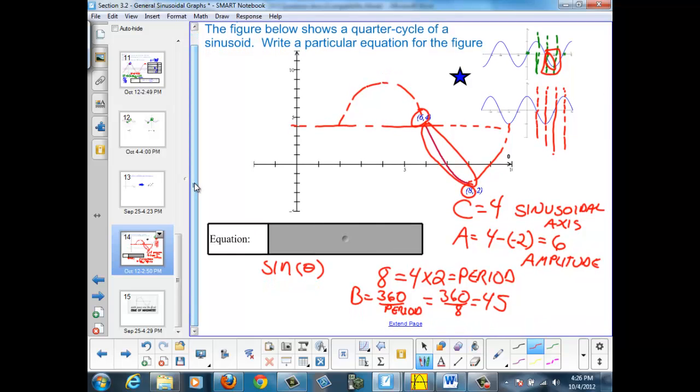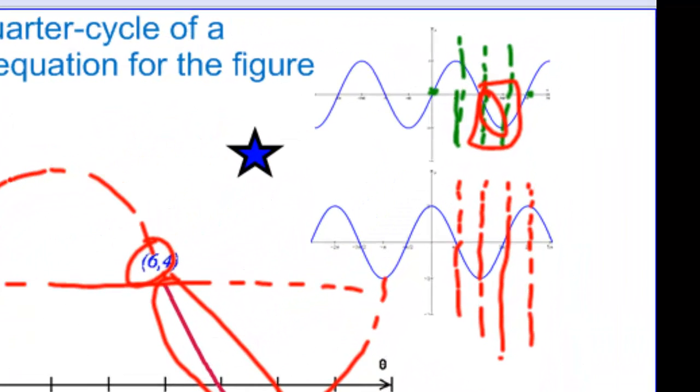How far have I translated my function to the left or the right? And here we have to be careful, okay? Because if we look at our sine function, we notice that it touches the sinusoidal axis at the beginning, in the middle, and at the end.